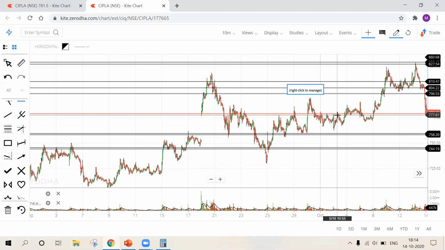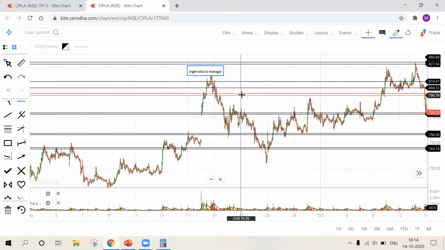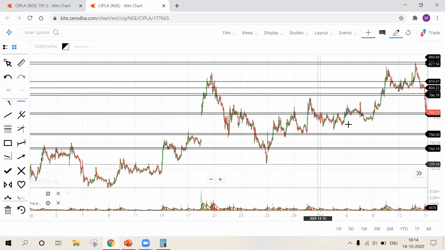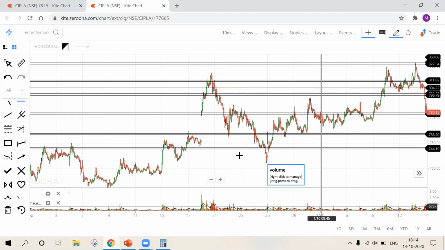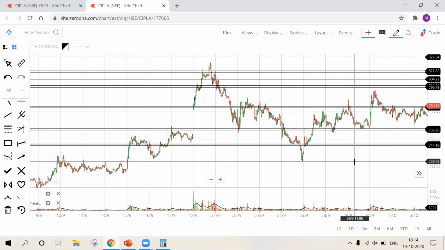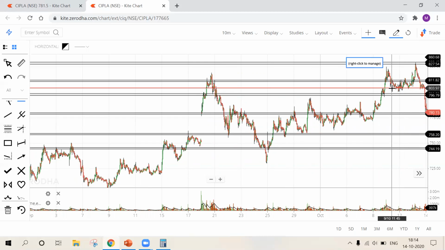And this level is also looking great. This level is also looking great. This level is also great. The middle level is also looking good. No problem, you can consider that level as well.